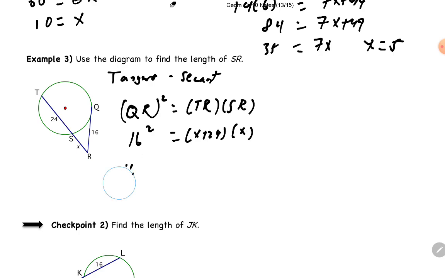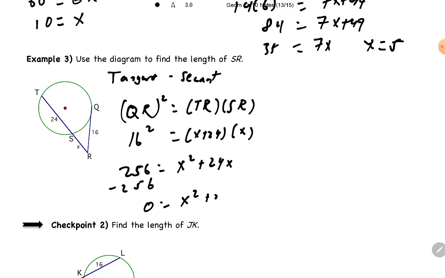So we're going to get 256 equals x squared plus 24x. Okay, the x squareds don't go away this time, so we're going to have to subtract 256 from both sides. And we'll get 0 equals x squared plus 24x minus 256. From here, we can either use the quadratic formula or we can factor.